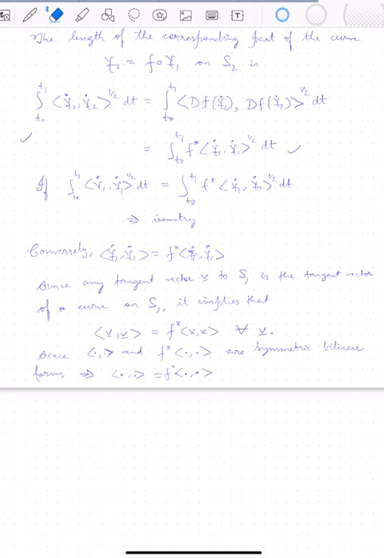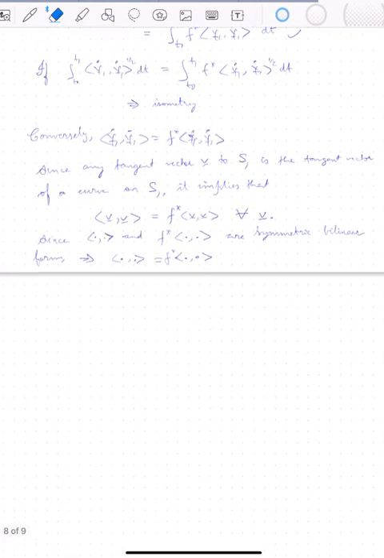So for an isometry, both these symmetric bilinear forms must also be equal always, right? Okay.